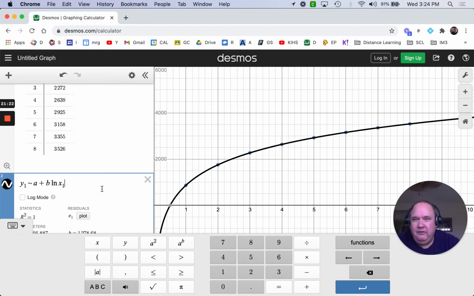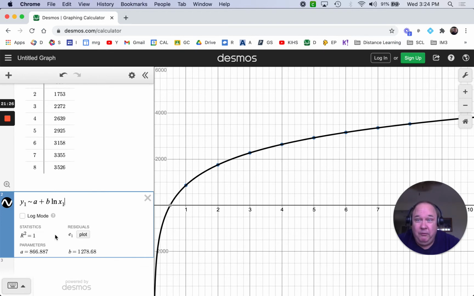In fact, when you look at it, what does r squared equal? It equals 1. That is a perfect logarithmic increase. And so when r squared equals 1, it matches perfectly. So for that data, it matches perfectly to a logarithmic one.